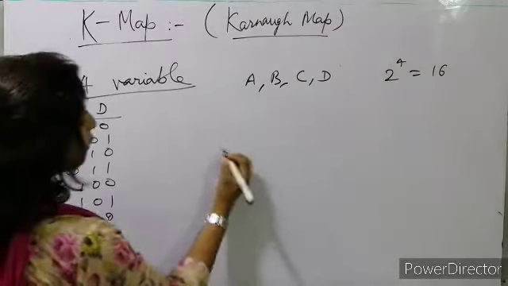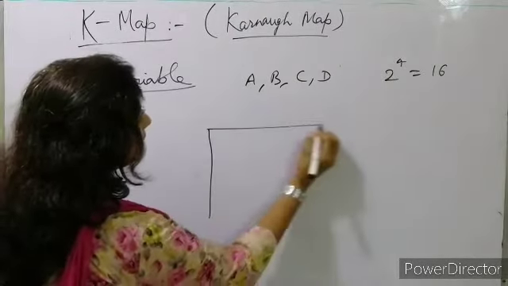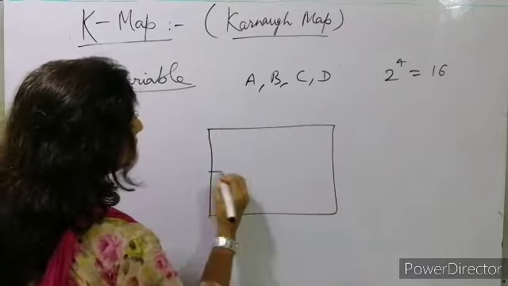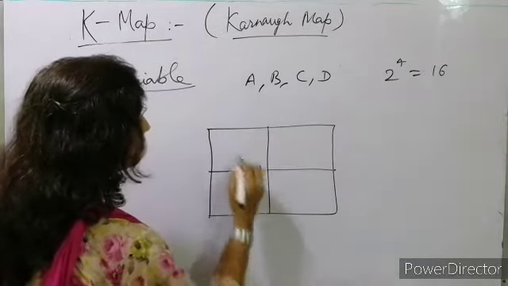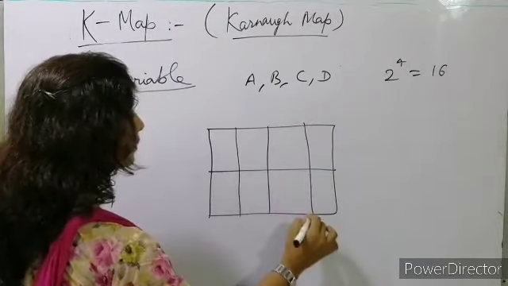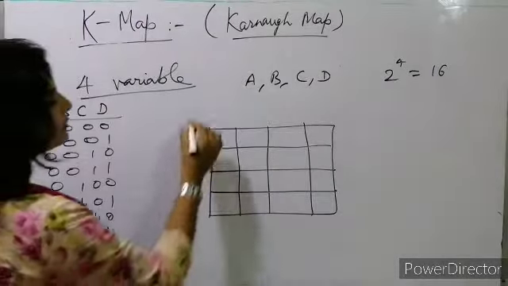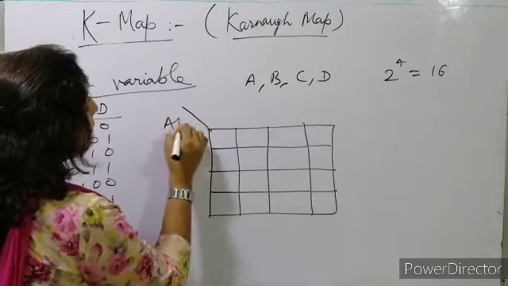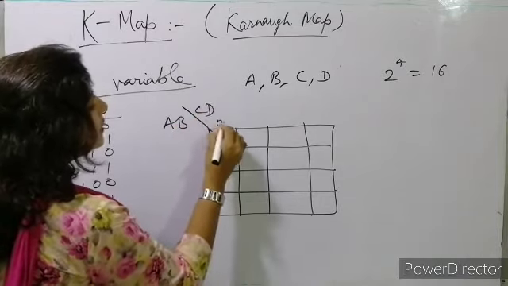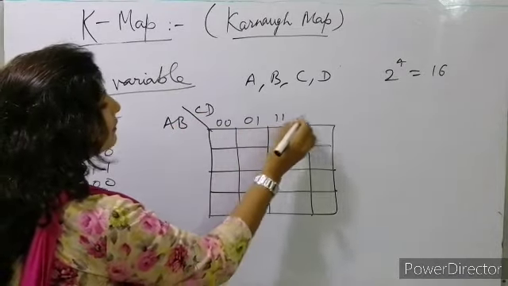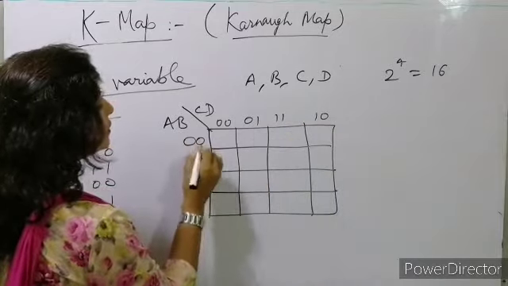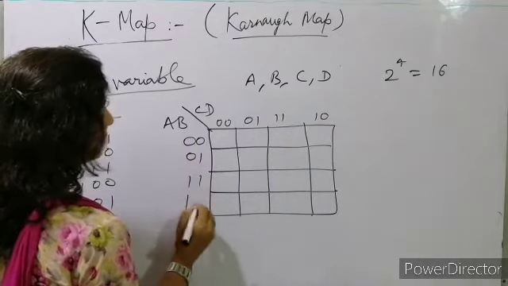Okay, so now how will we do this? This is 1 square, then 4, then again 4, again divide, so there will be 16 boxes. So A B C D: 0 0, 0 1, 1 1, 1 0 and 0 0, 0 1, 1 1, 1 0.